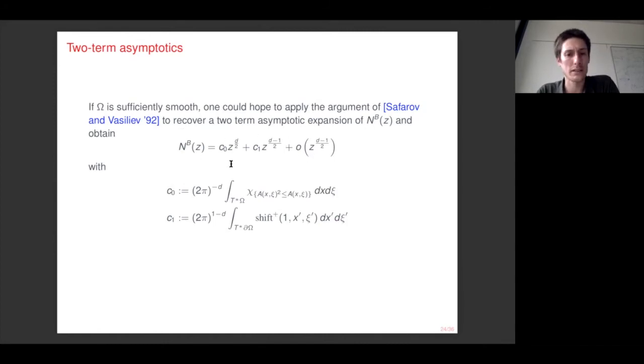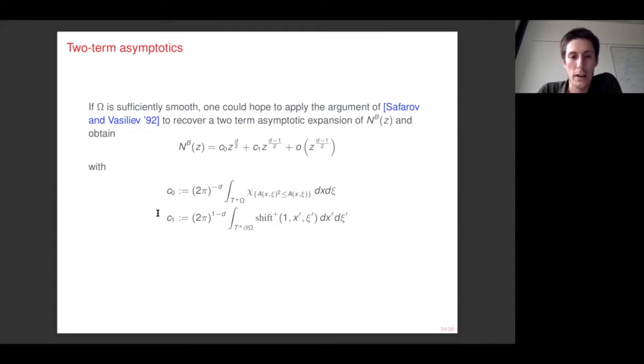So one expects that a 2-term expansion of this form holds for the buckling counting function, where the constant of the first term is this one, where A is the principal symbol of the Laplacian. And one can immediately realize that it's exactly the Weyl constant.